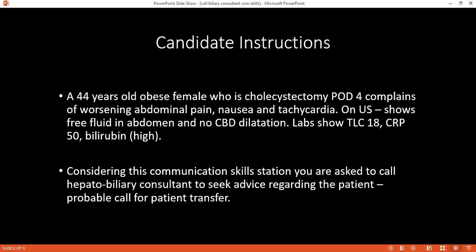You can meanwhile ask him what is biliary peritonitis and how should that be managed. Did you ask him if you need to talk to anyone, bed manager or anything? Yes, I asked him you need to arrange with someone before transferring the patient.